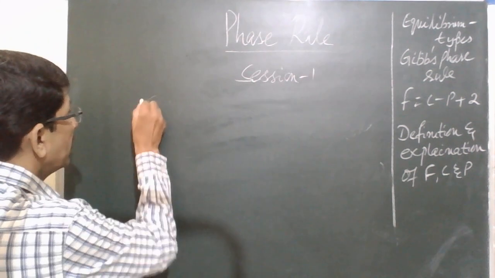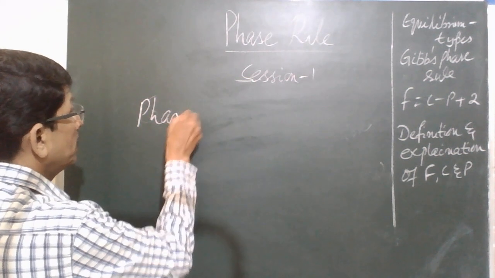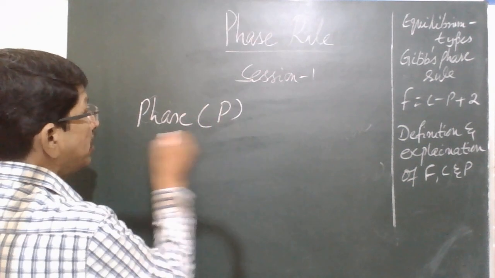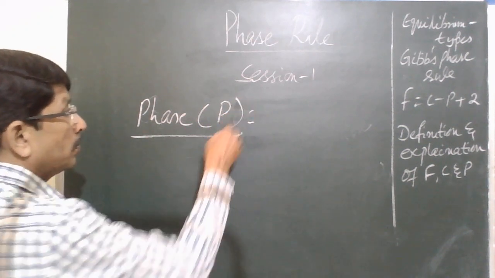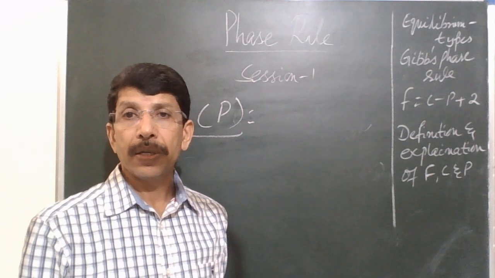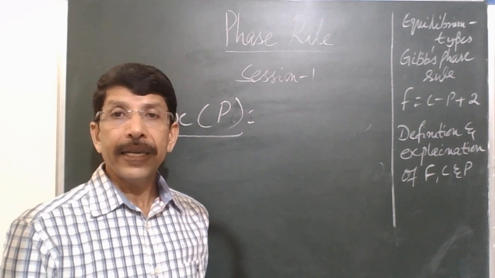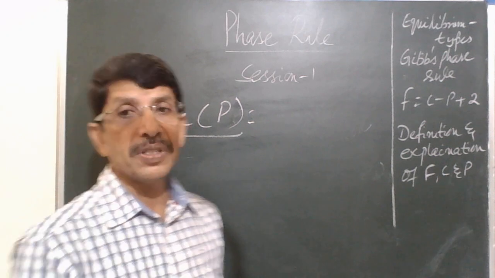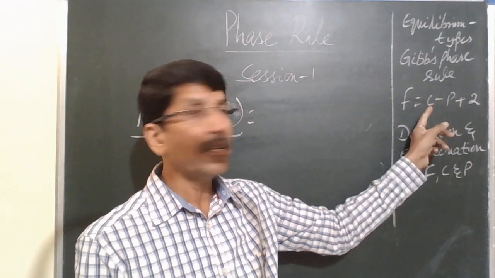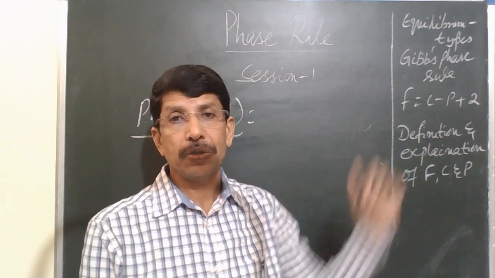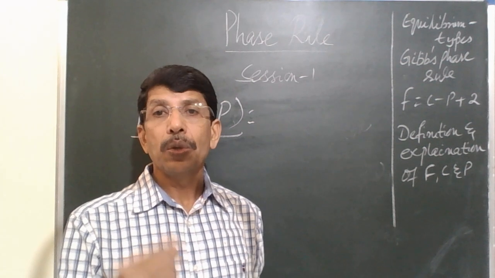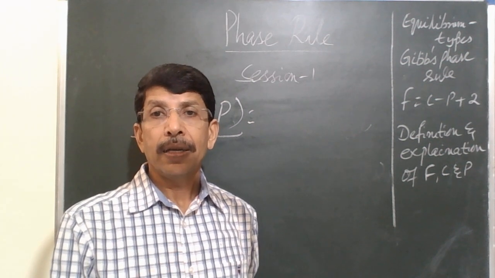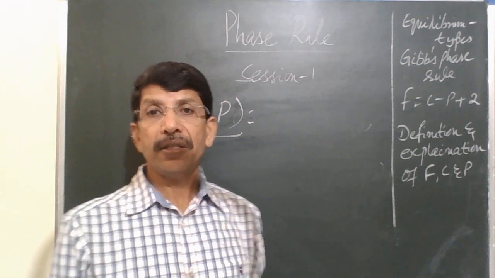So first one is phase, denoted by capital P. As Gibbs phase rule is applicable to the study of heterogeneous equilibrium, and it is given by the form F is equal to C minus P plus 2, now we are trying to define and understand what is a phase.